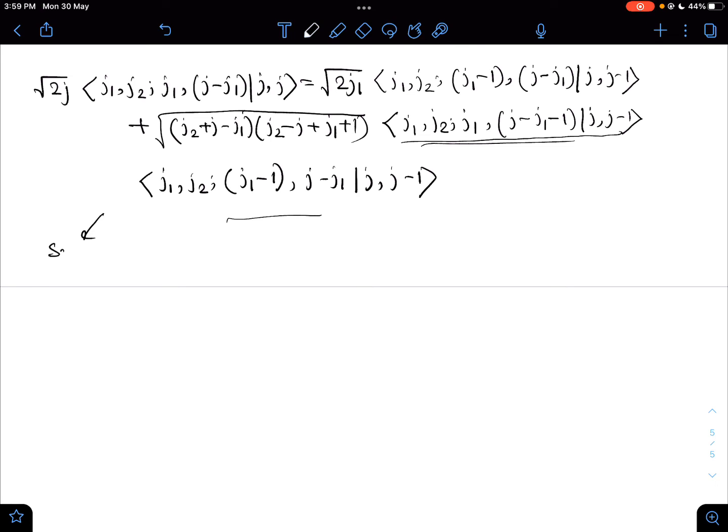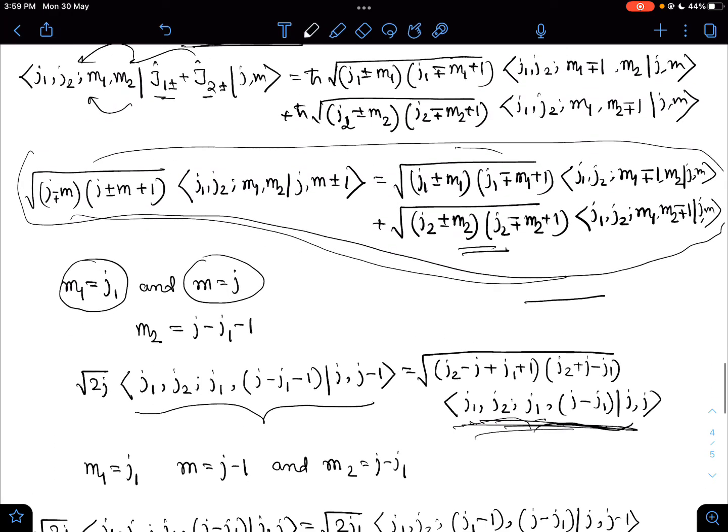So by repetitive application, let us denote this equation by 1.